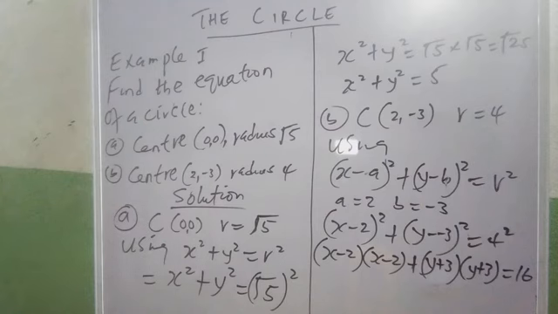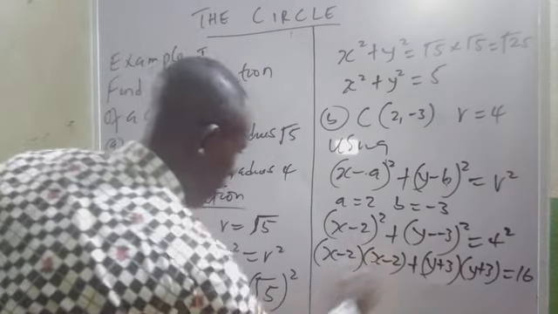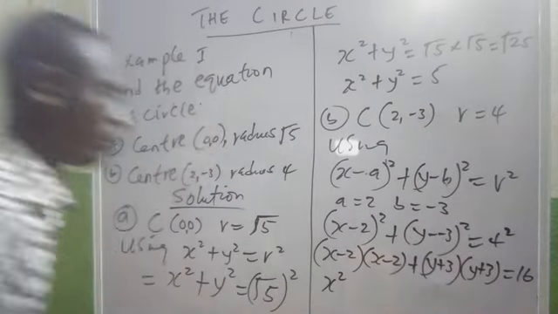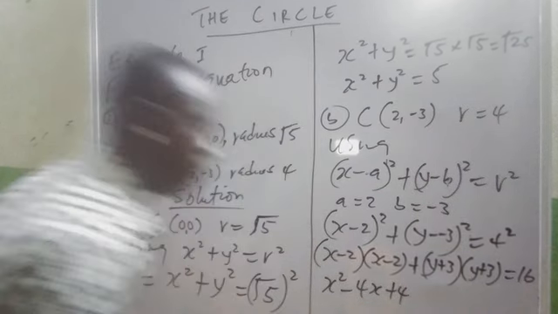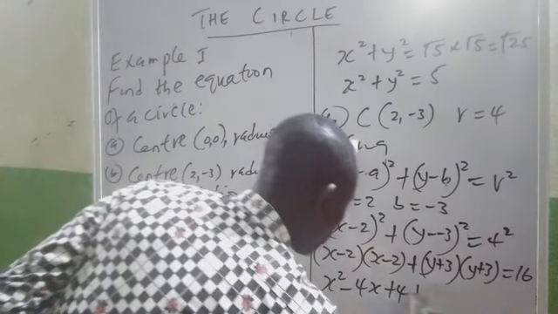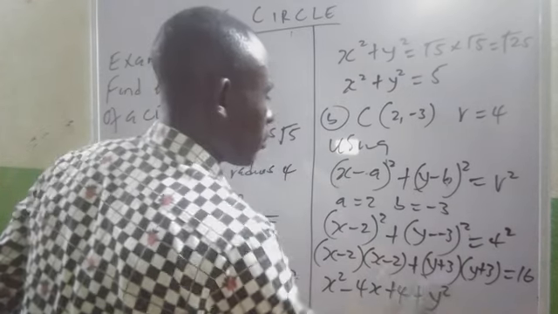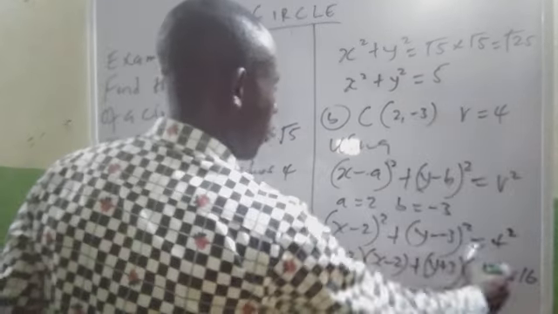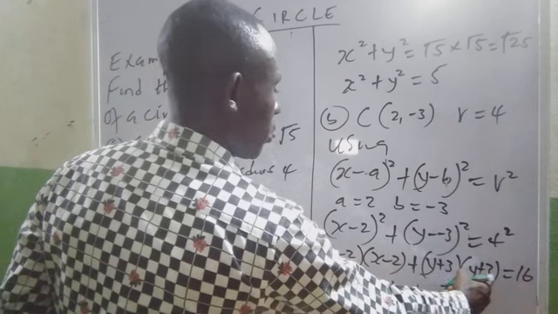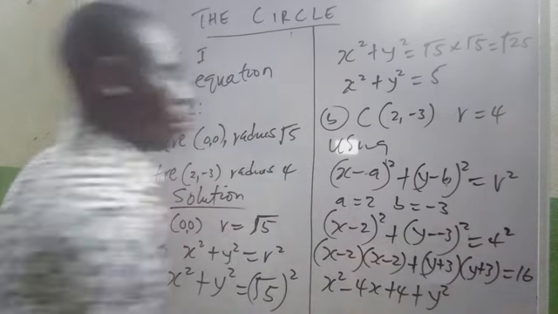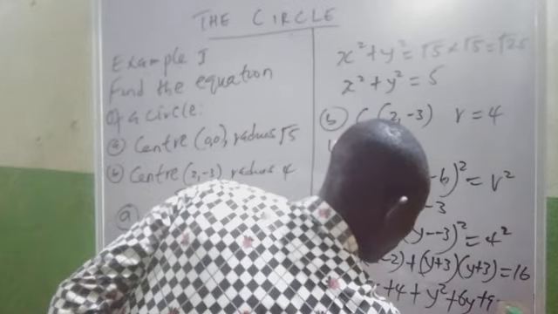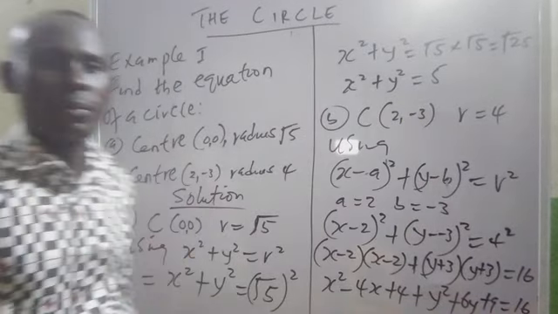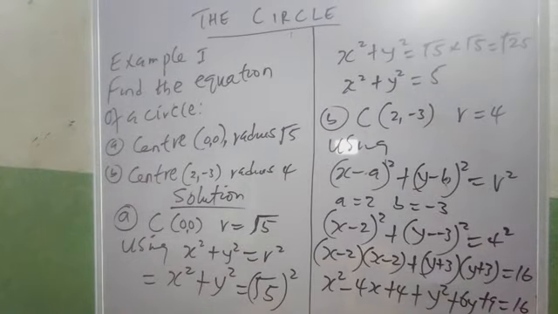If you expand this, you will get x times x, that's x squared, minus 4x plus 4, plus y squared, plus 3y plus 3y, that gives plus 6y, plus 9 equals 16.